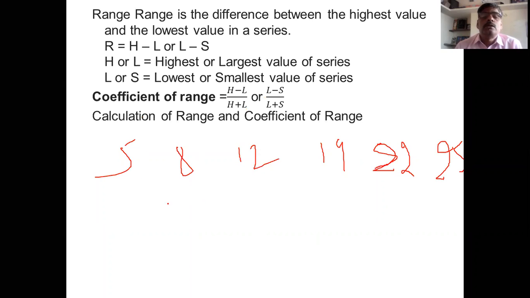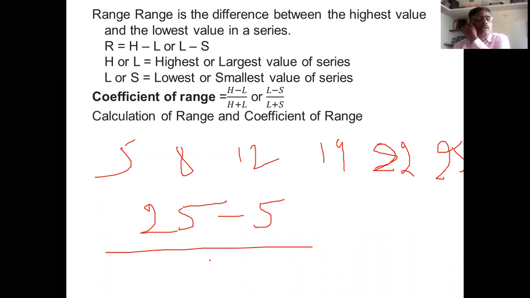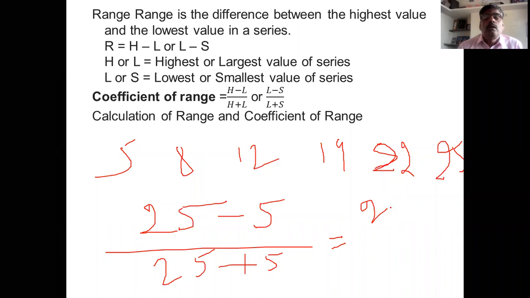Then coefficient of range is equal to highest minus lowest divided by highest plus lowest, that is 25 minus 5 divided by 25 plus 5, which is 20 divided by 30.